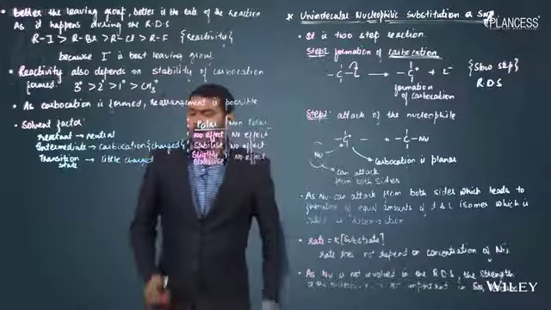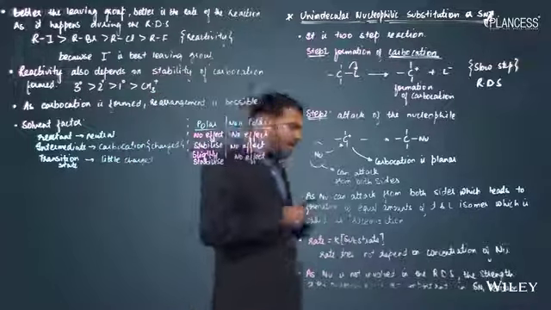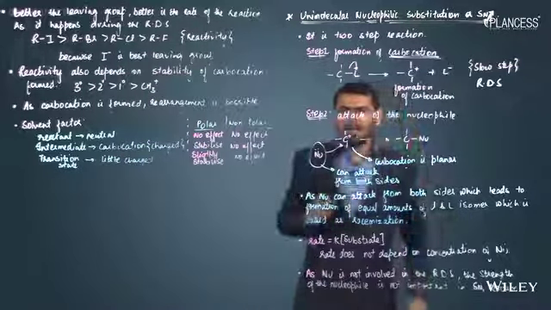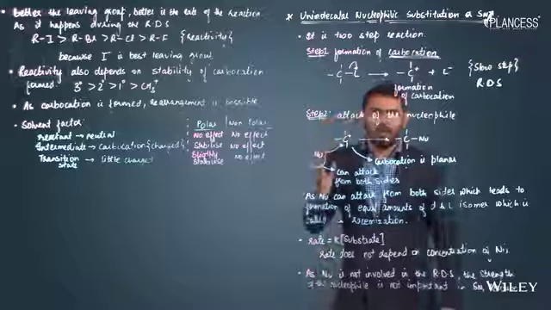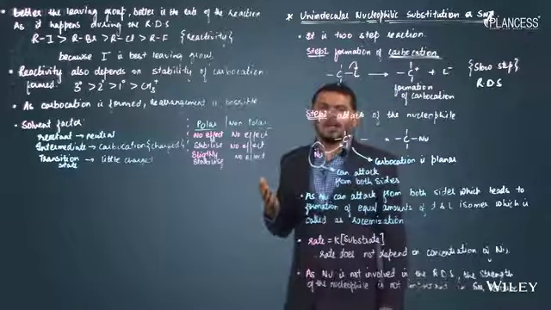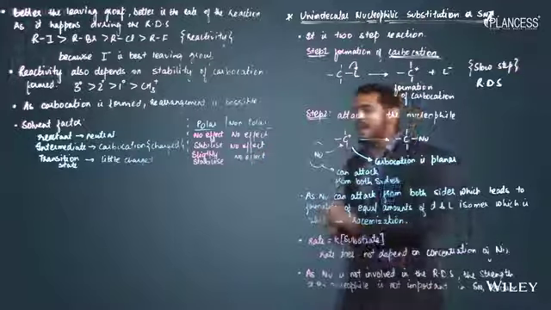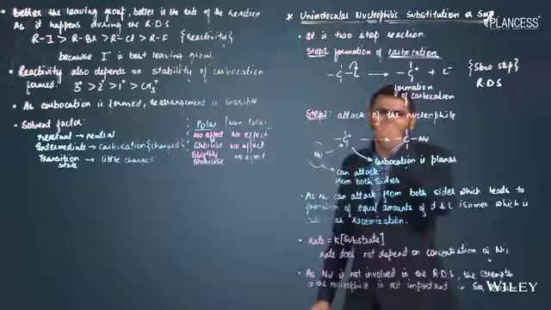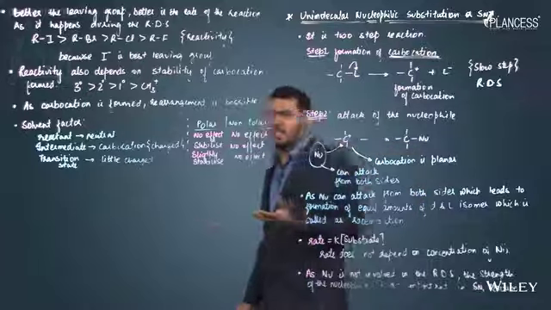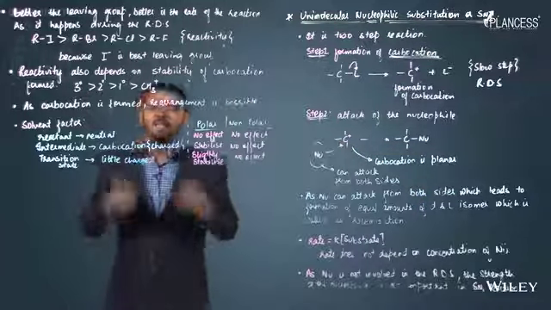Is that part clear? So as you can see, the intermediate which we are forming, the carbocation, can be stabilized by a polar solvent. When it is stabilized by a polar solvent, the reactivity is going to increase. If I take a non-polar solvent, then there is no stabilization. And we know the more the stabilization, the more energy is released, the easier the work is.